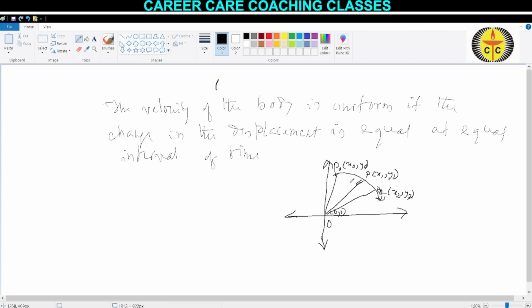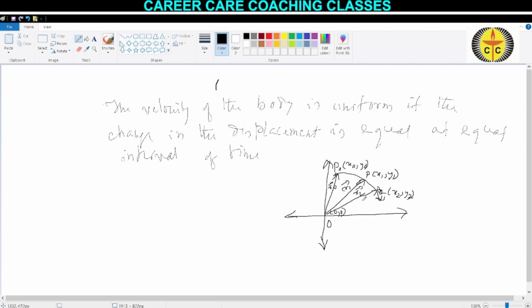So the position vector of the particle at three positions is like this. We represent this position vector as R0, this is R1, and this is R2.